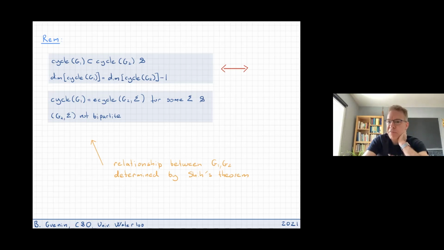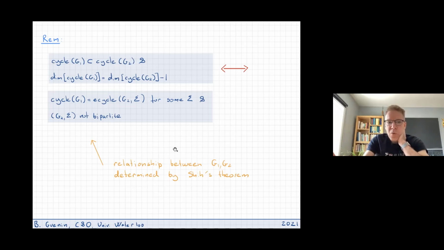And I wouldn't have a proper inclusion here, right? And then you can convince yourself that the difference in dimension can be at most 1. And so this second statement implies the first statement. In fact, those two statements are equivalent.